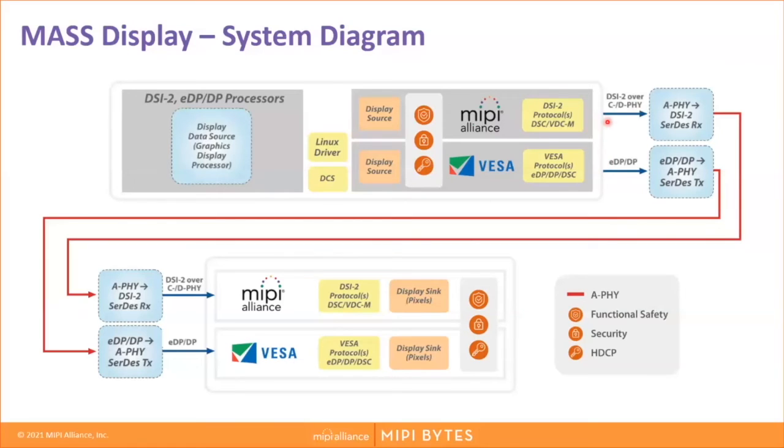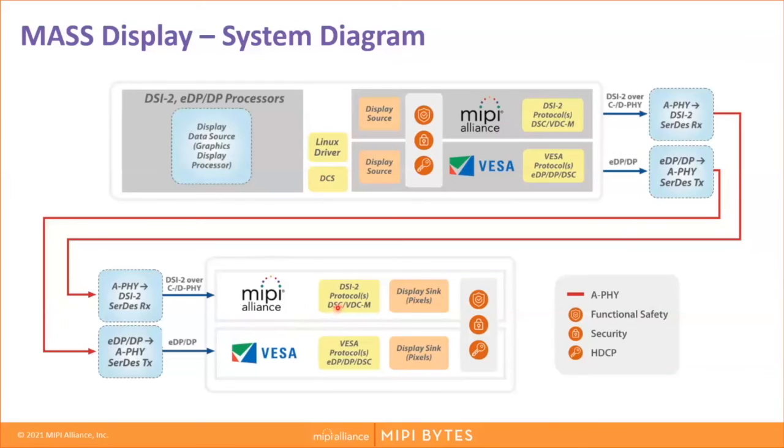You use the adaptation layer specifications to convert the DSI-2 over its C-PHY and D-PHY layer to the SerDes, which translates and transmits the video to the display, converts it back into its native MIPI DSI format or VESA format, as you can see here, for the display to render.